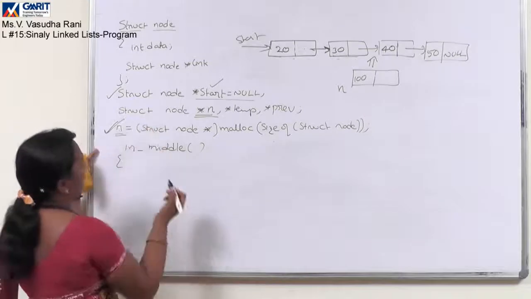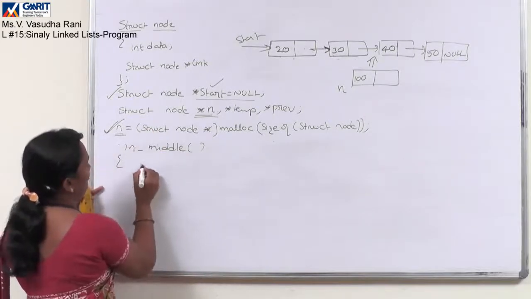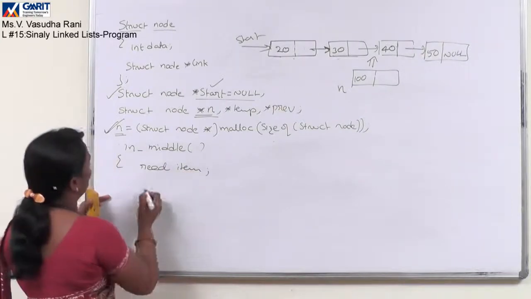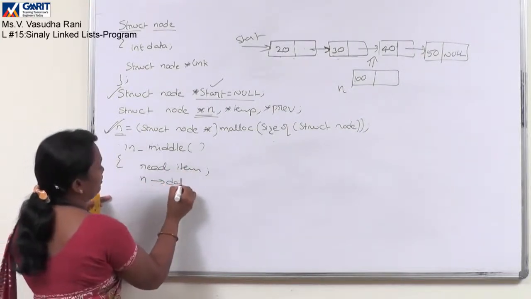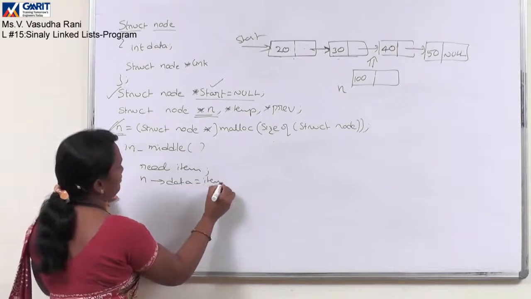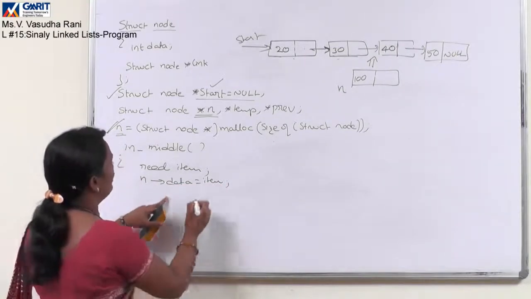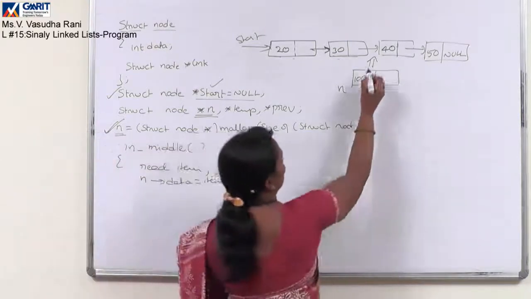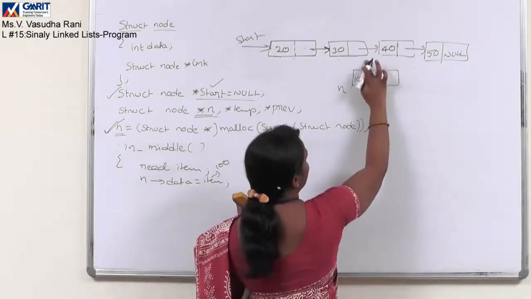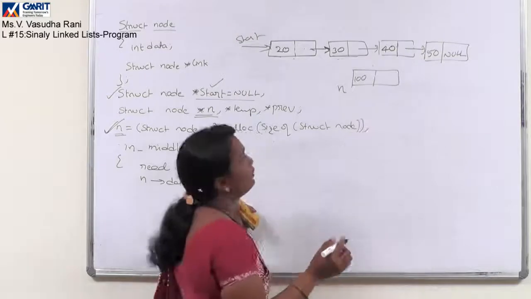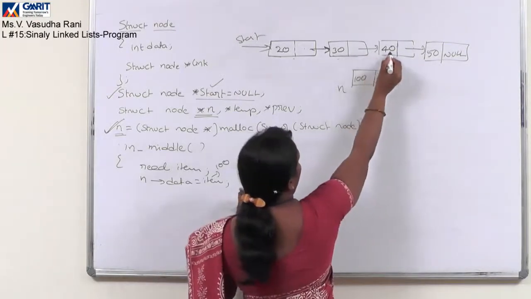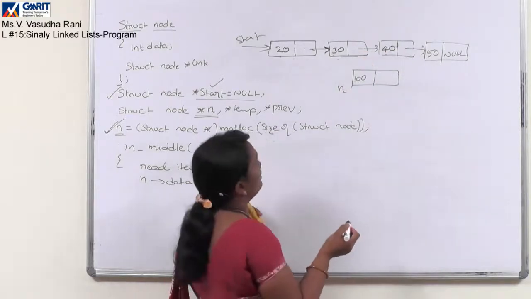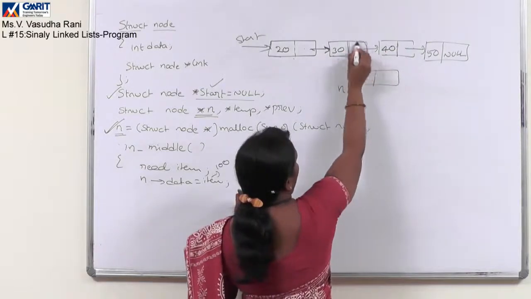And it is our n. We have our n. We can read an item and into n data we are keeping that item. And the data here is 100. Now if you see, to insert this new node in between 30 and 40, actually the address of the 40 node is stored in the 30 node's address location.